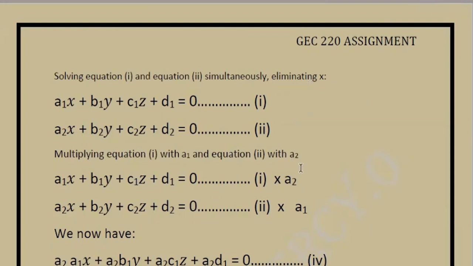Remember, in our secondary schools, they tell us that to eliminate a variable, we multiply by the coefficient of the variable in inverse ways.